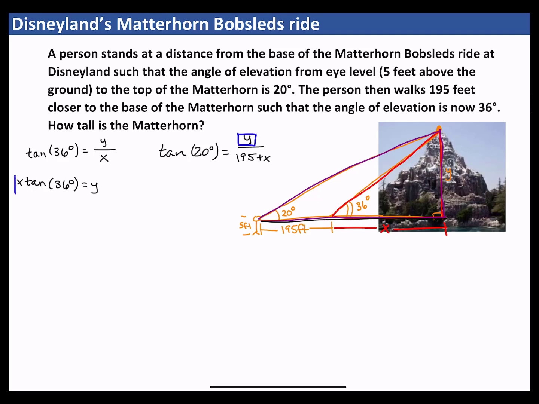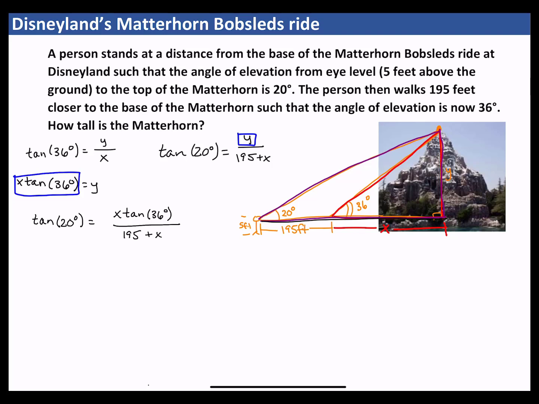We'll replace y with this quantity, x times the tangent of 36 degrees. So we're going to have the tangent of 20 degrees equals x times the tangent of 36 degrees divided by 195 plus x.